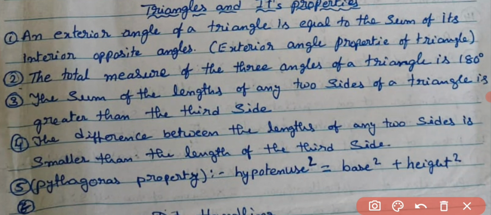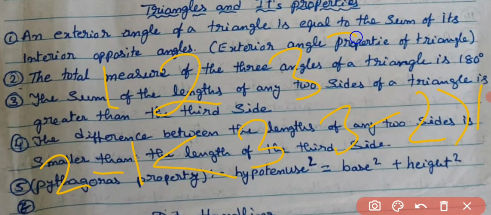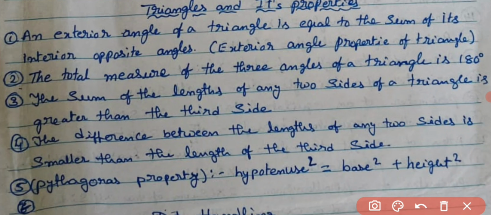Suppose 1, 2 and 3 are the sides of a triangle. Then 2 minus 1 is smaller than 3, it is proved. 3 minus 2 is smaller than 1, it is also proved. Then the third condition, 3 minus 1 is smaller than 2. So this is also used to find the sides of a triangle.